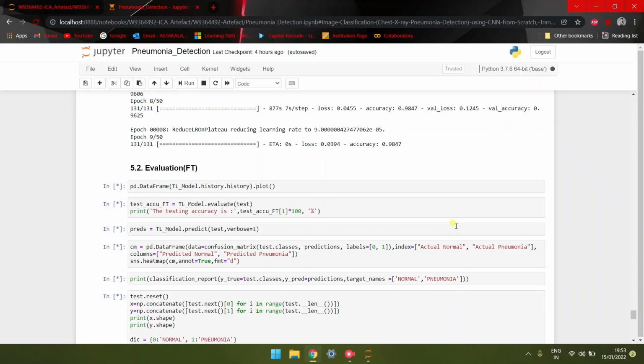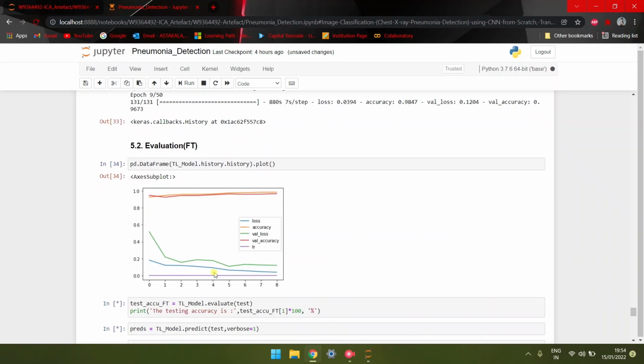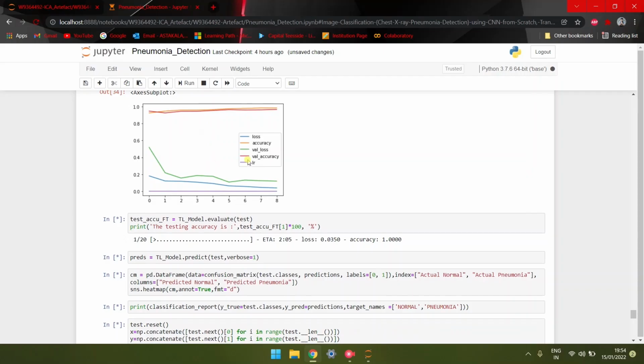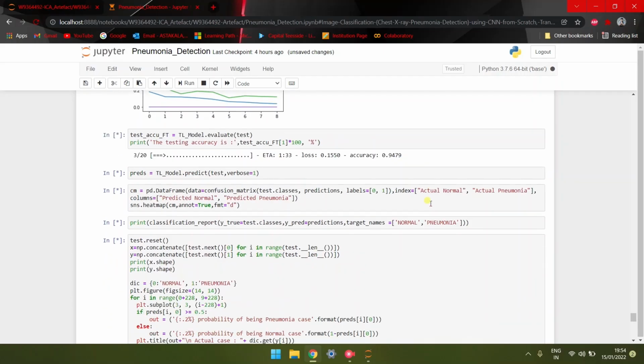There are 9 epochs, and each epoch took about 877 seconds, as we can see in the previous step. After that, we need to look at the history of those epochs, followed by implementing our model 3 on our test data set. We need to check what percent accuracy we obtain on the test data set.